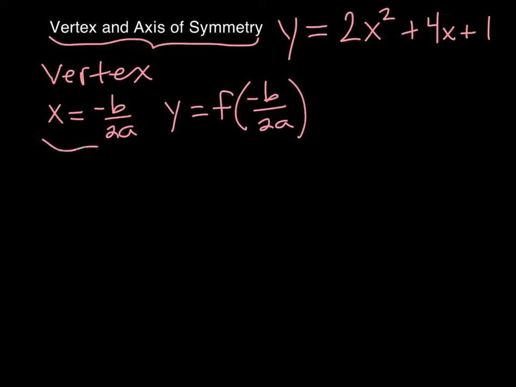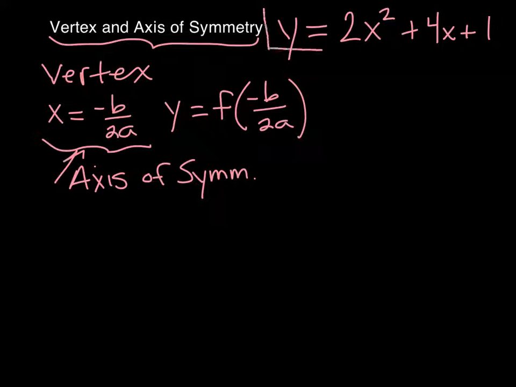Our axis of symmetry is going to be this line, x equals negative b over 2a. So let's take a look at this example up here and find both the vertex and the axis of symmetry.